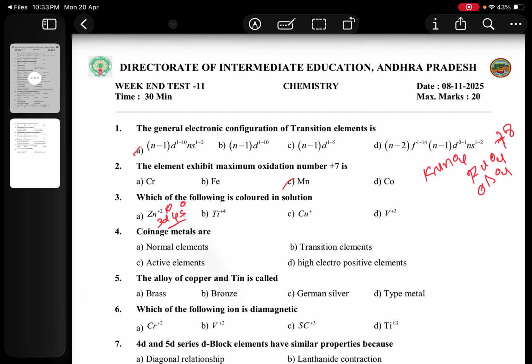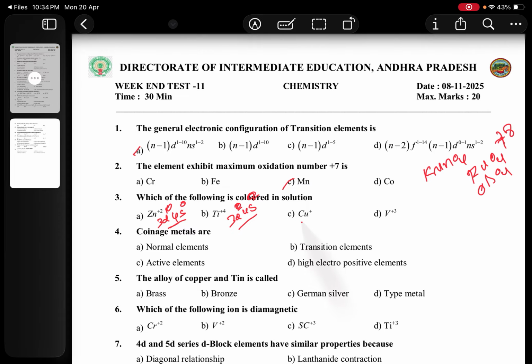It does not contain any unpaired electrons, so it cannot exhibit color. Next, titanium atomic number is 22, 3d2 4s2. Plus 4 means it loses all electrons, so 3d0 4s0. It does not contain any unpaired electrons, so it also cannot exhibit color.